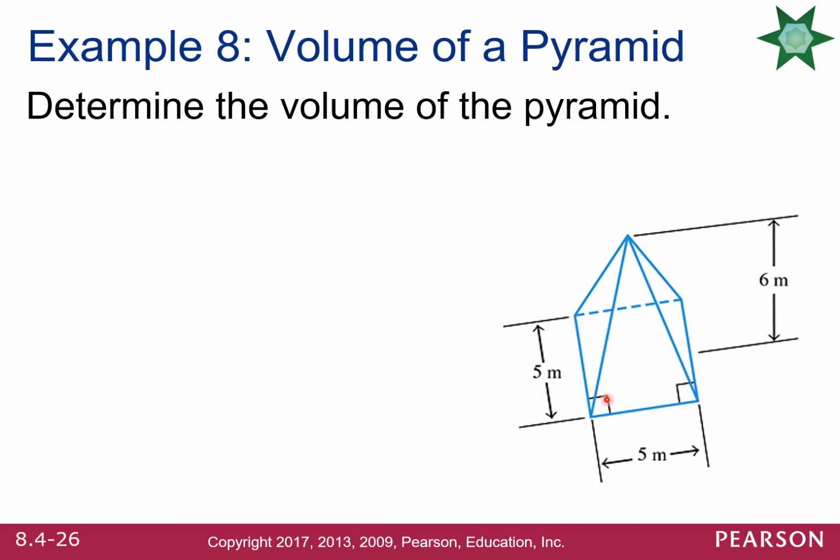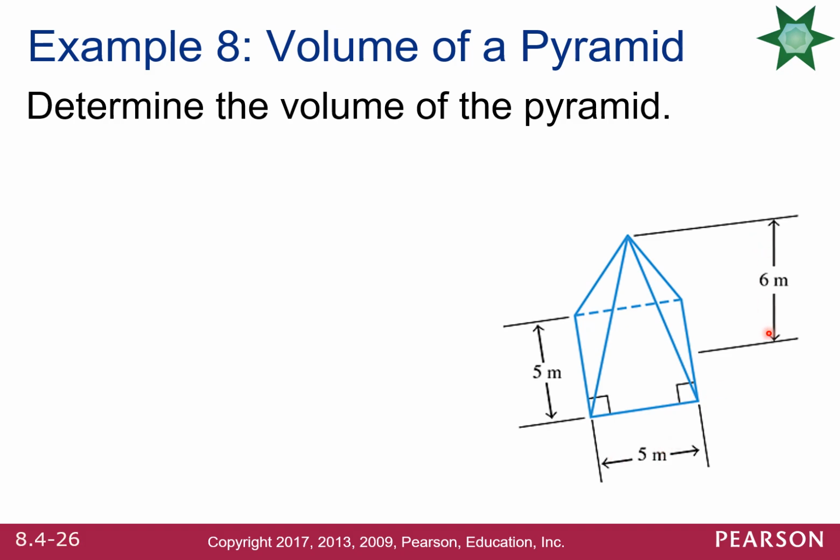How do we know it's a square? Because they have indicated that these two angles are right angles for these two sides of the square. So that tells us it's a square, so all its sides will have the same length. If one side is a 5, then this dashed line will be a 5, the opposite side will also be a 5, and so will this measure here.